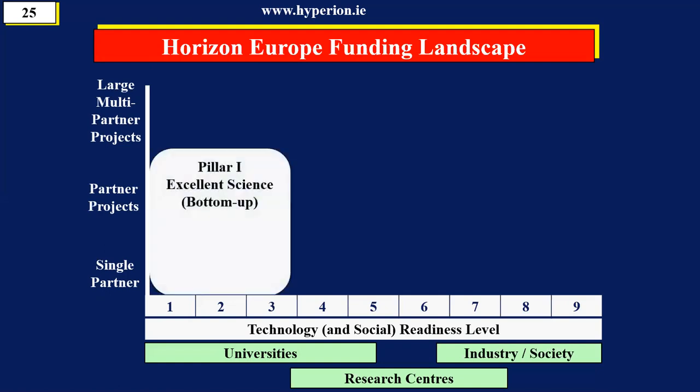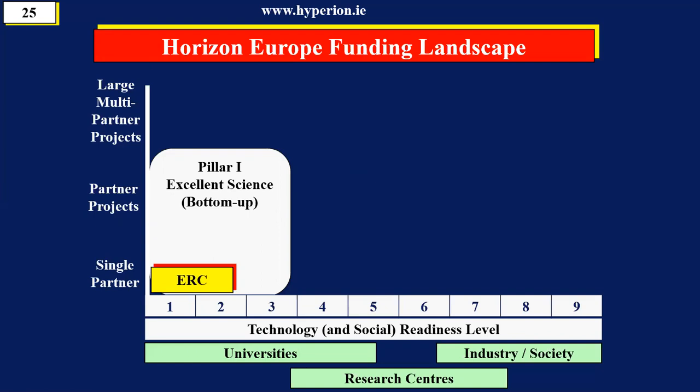Now, we can see clearly here that Pillar 1 is perfect for universities. It's bottom up, so the scientist is totally free to submit anything they like. And ERC does fundamental research. So that's why academics love ERC. No partners, you decide what research you're doing.